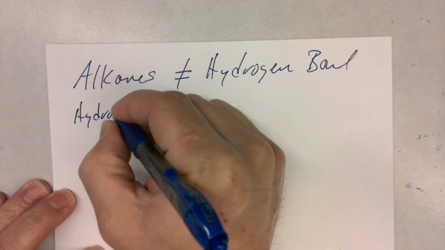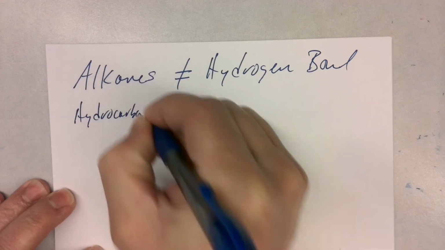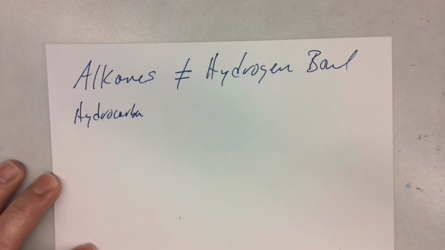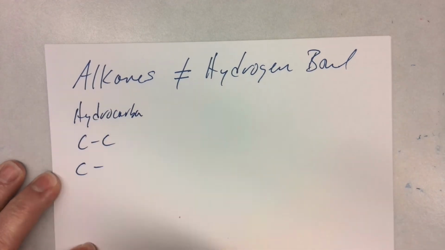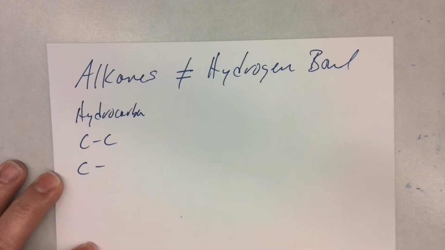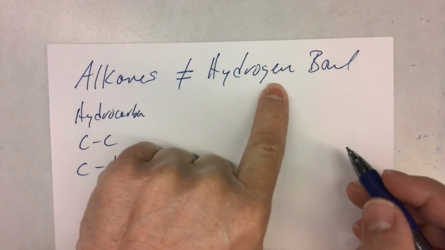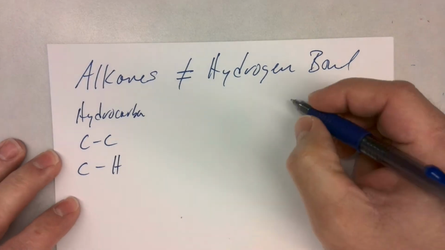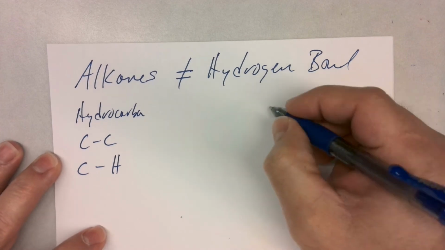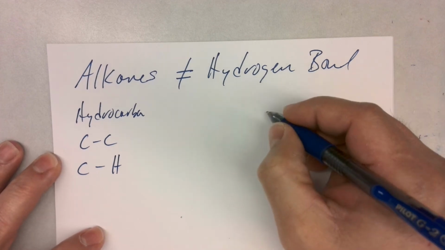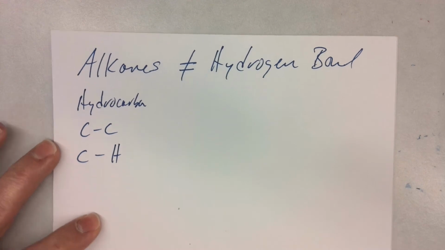I've got carbon and what? I've got either carbon bond or carbon what? Hydrogen bond, right? In order to hydrogen bond, I've got to have a what? And remember what had to happen to have a hydrogen bond?